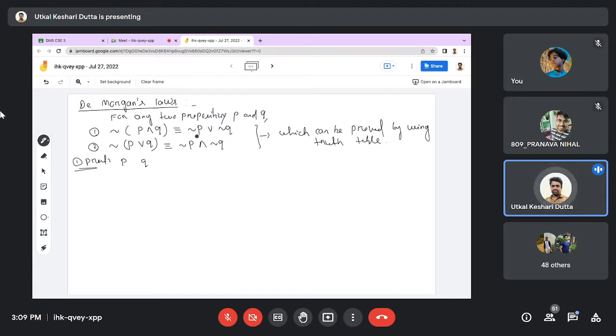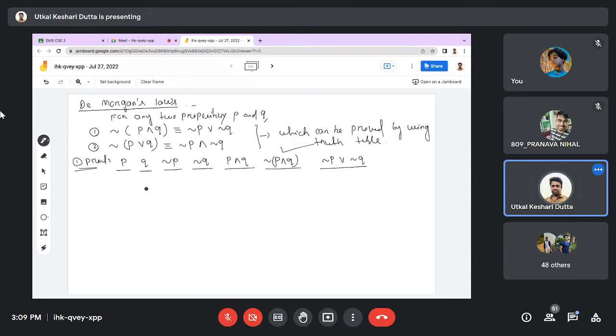As required, negation P and negation Q are there, and P and Q is there. So we are going to find the negation of P and Q. First we have to find P and Q, then the negation of P and Q. That is required. And then this column, negation P disjunction negation Q, is also required.